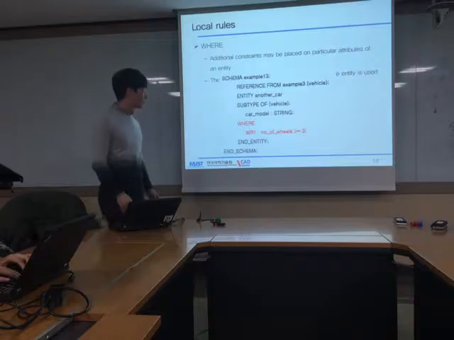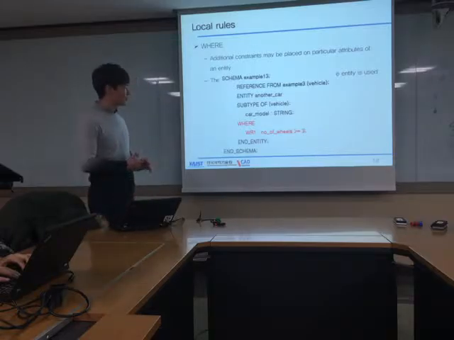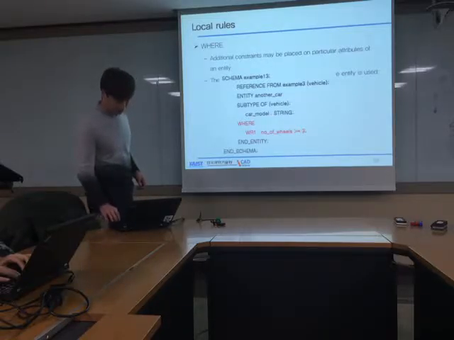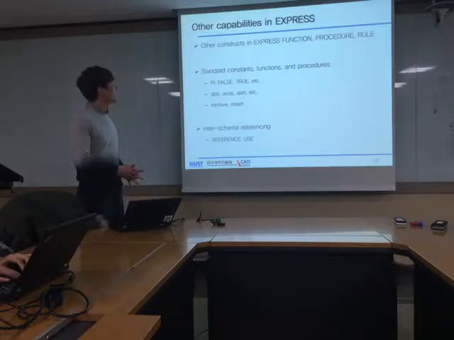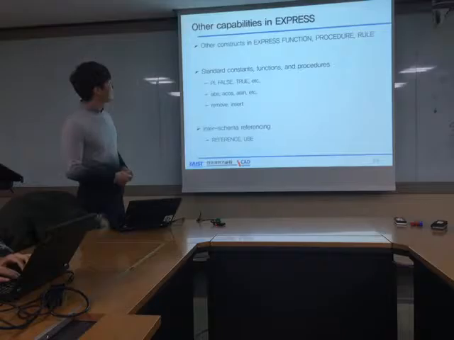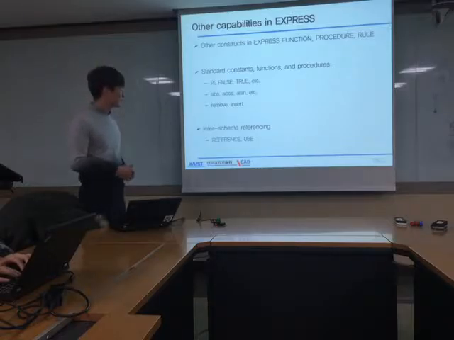So the WR1 means it is over 3, the number of here. And another is other capabilities in Express: the function and procedure and group, and standard constraints, functions and procedures, and interschema referencing.